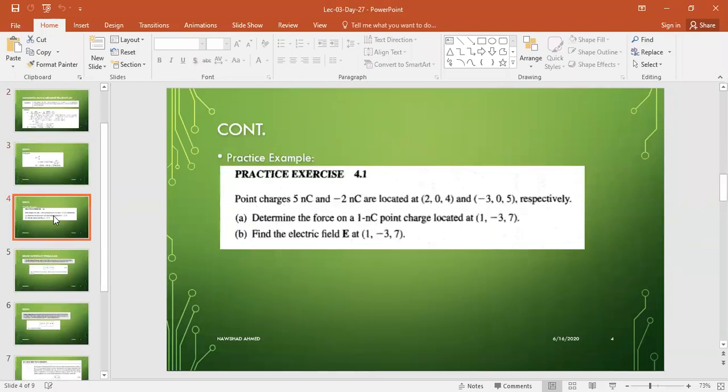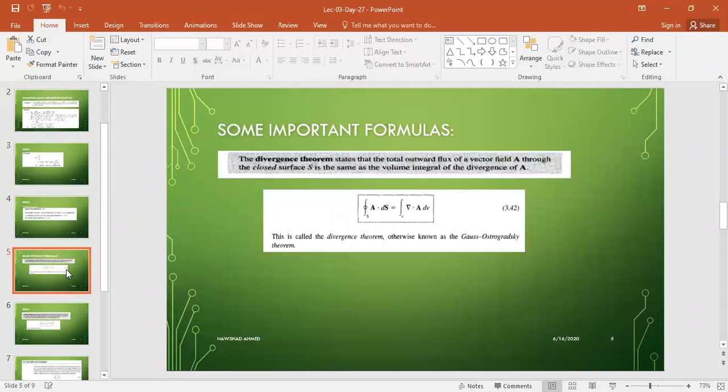That means you have to solve this example as compared to our previous example. Many of you solved this example and shared your answers with me, and this is almost done. That was our practice problem, and there were some important formulas we discussed.